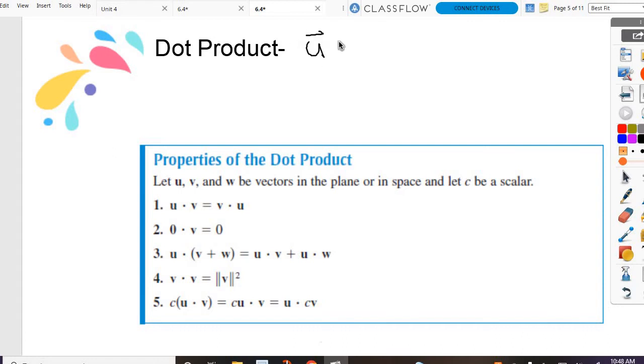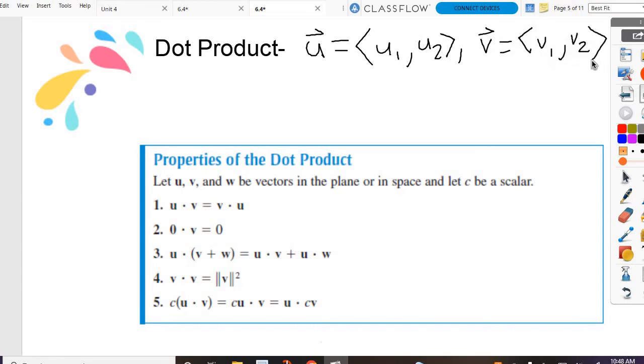So if I have that u equals u1 comma u2 and v equals v1 comma v2, then if I do u dot v, it's going to equal u1 times v1 plus u2 times v2.